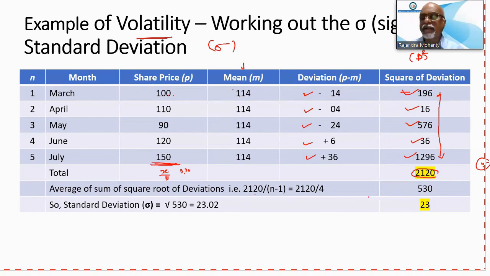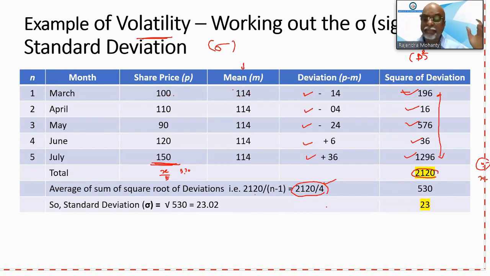here we have to divide this by n minus 1, where n is the number of samples we have taken. So the number of samples is 5. So instead of 5, we have to divide it by 4. So here 2120 divided by 4 has to be taken. Why is it taken? Because in case of a very small data sample, while taking the average, if n minus 1 is taken, then it will give the correct result.